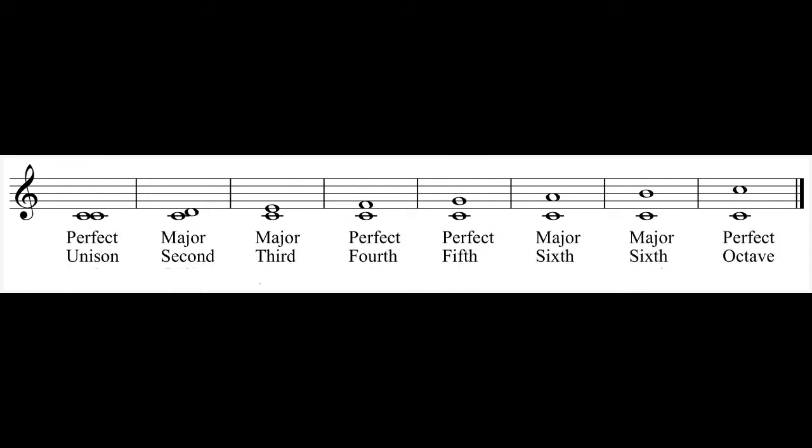The remaining intervals are the prime intervals, or the first, the fourth, and the fifth, and the octave. The exact names for these are found in the same way as the major intervals, but these ones are called perfect. You might ask, what makes these particular intervals perfect?